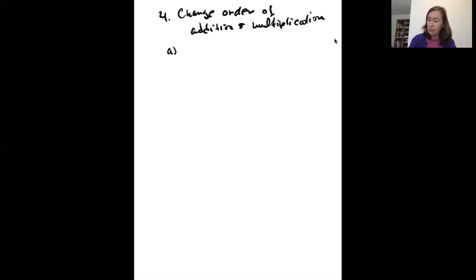Commutative rules say that we can add and multiply things in whatever order we want. Commutative laws, they're sometimes called. So if we have x plus y, that's the same thing as y plus x. And if we have x times y, that is the same thing as y times x.